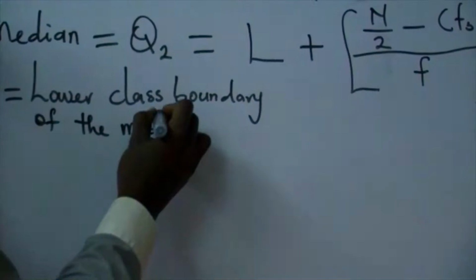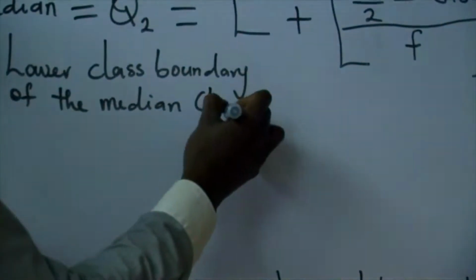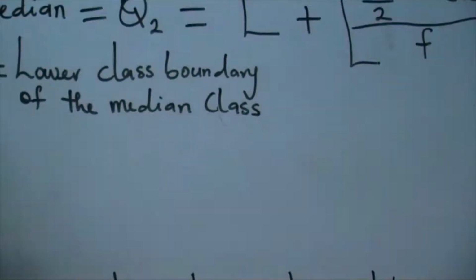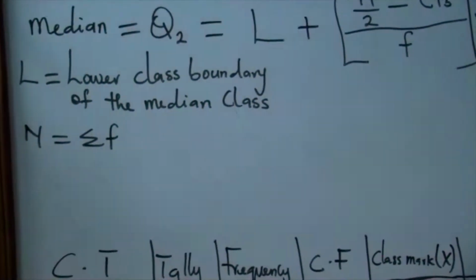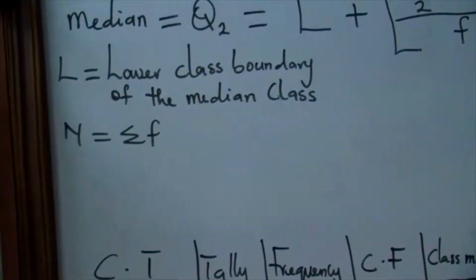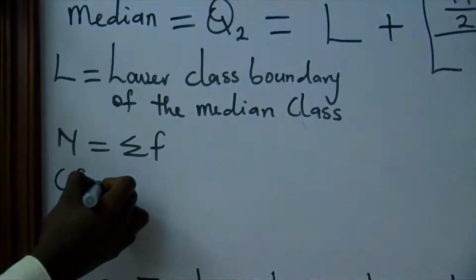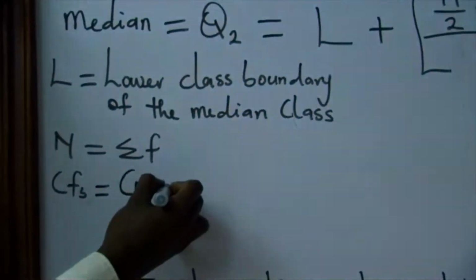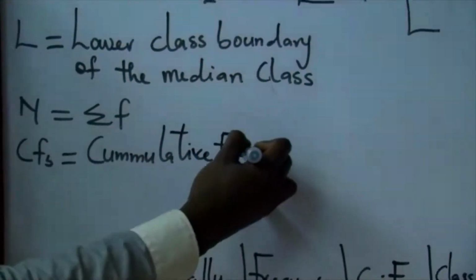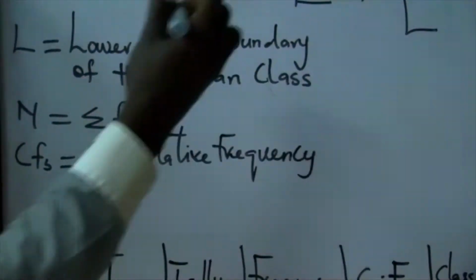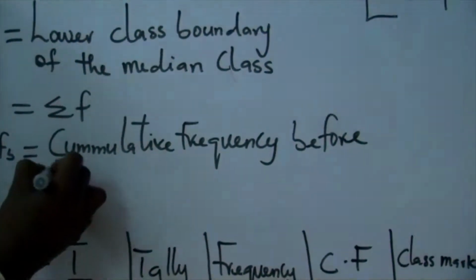Of the median class. N is summation F, the total number of students, since we are dealing with students here. CFB represents cumulative frequency before the median class.